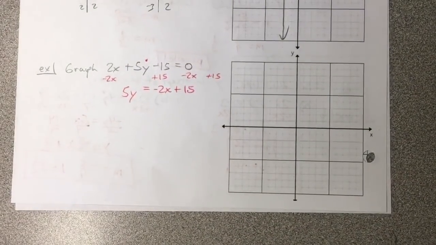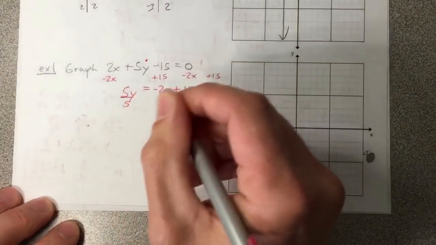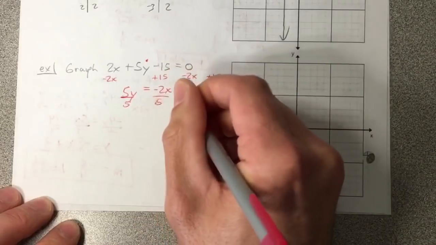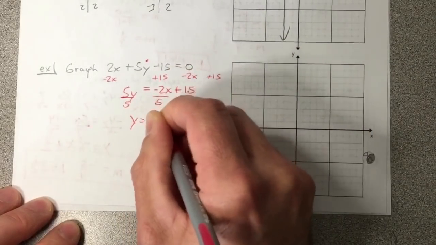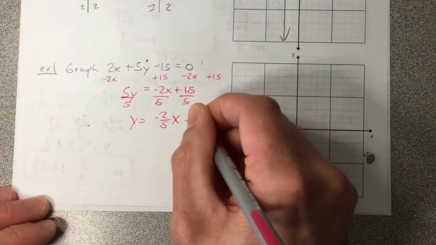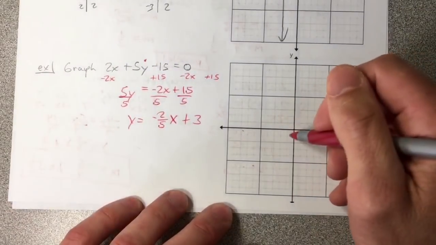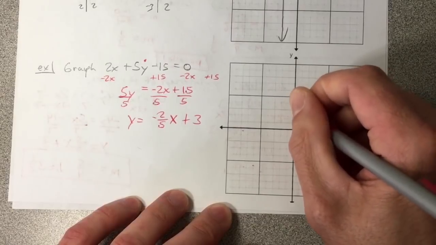Is y by itself yet? No, it is not. We're going to divide by 5, and I want you to distribute that division across the addition. We're going to end up with a slope of -2/5 and a y-intercept of 3. And from that, I can graph. So start with your y-intercept of 3. Get your first point.